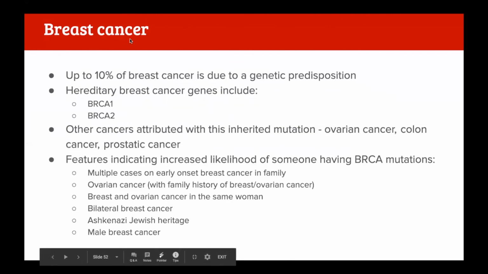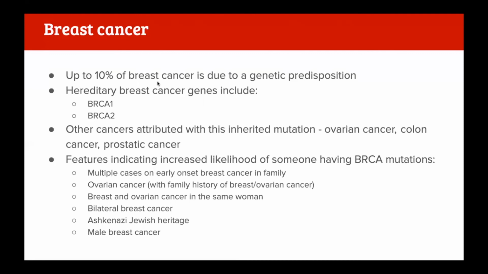Let's hone in on breast cancer a bit. Up to 10% of breast cancer is due to genetic predisposition, and the hereditary breast cancer genes include BRCA1 and BRCA2. Other cancers are also attributed to this inherited mutation, including ovarian cancer, colon cancer, and prostatic cancer.